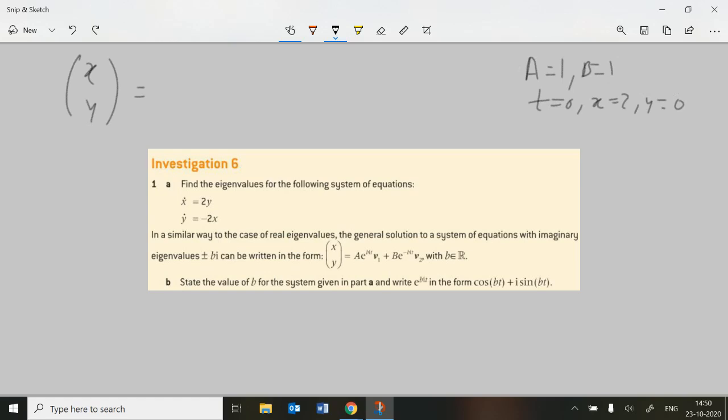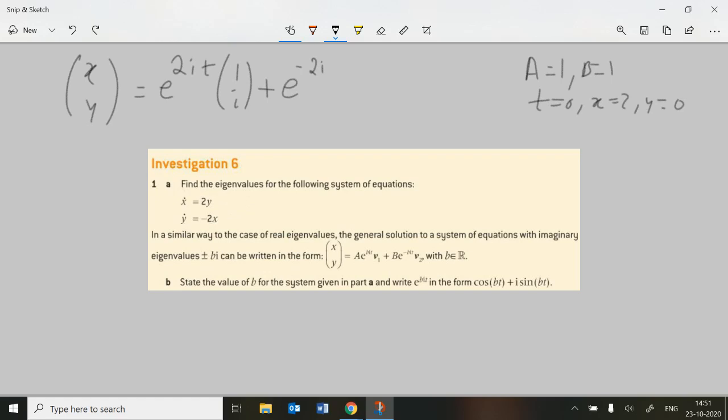So we've got xy is equal to, and I'm going to say e, and then this bit here is going to give us b. So for us, b was 2i, t, and our eigenvector was 1 i, and then plus, and I'm going with b is 1, e to the minus 2i, so that was the other eigenvector in this example here, so we're still doing that example.